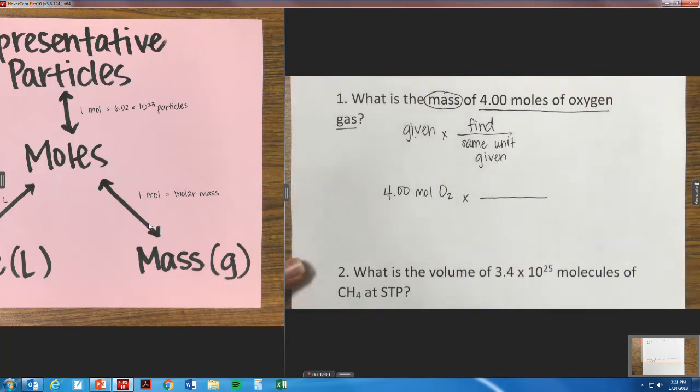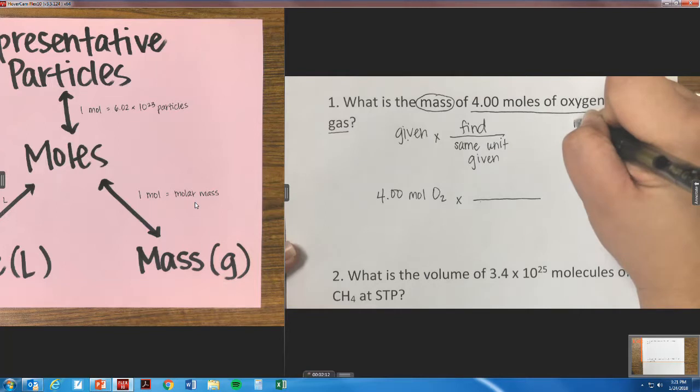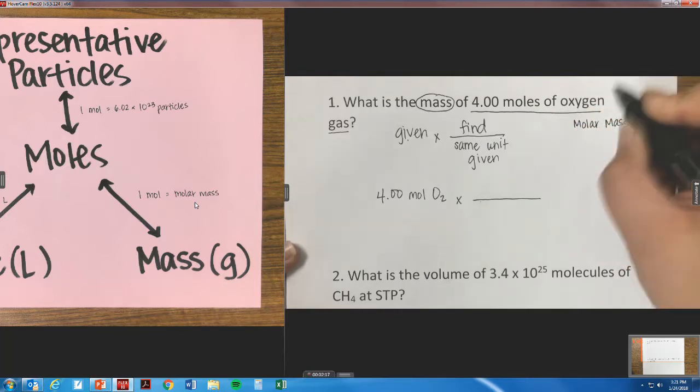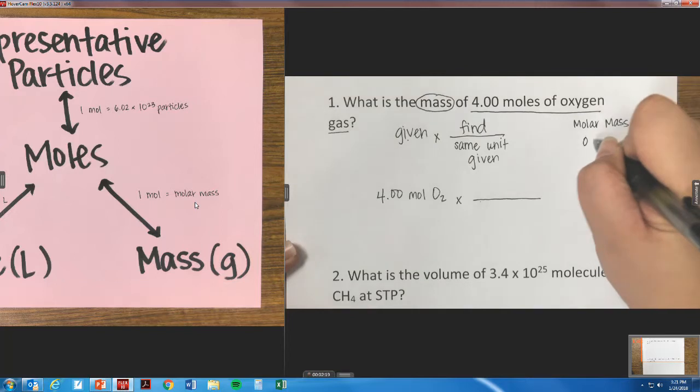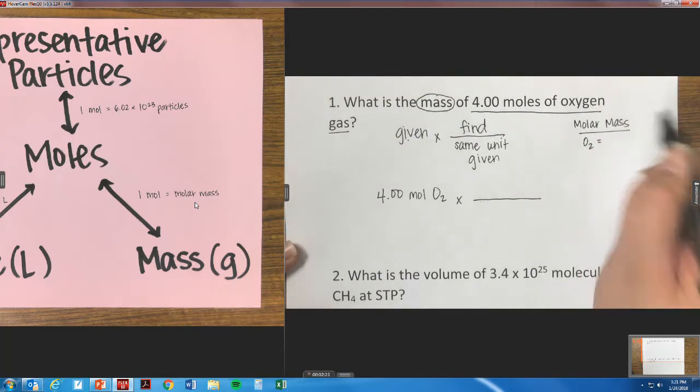Now remember, we said our conversion factor is right here. 1 mole equals molar mass. Well, if it's molar mass, then I'm going to have to calculate our molar mass. So off to the side, molar mass for oxygen. Well, that means we're going to have to take a look at our periodic table.